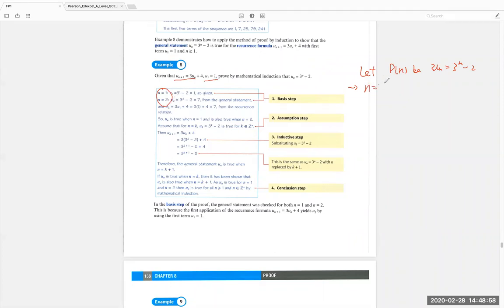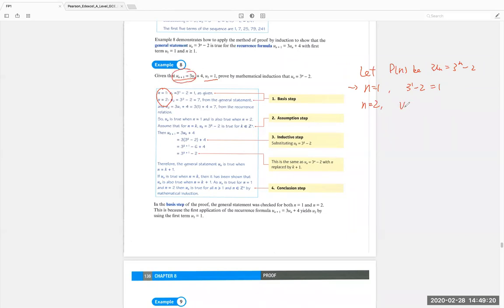So with n equal to 1, from this formula you get 3 to the power 1 minus 2 equal to 1. And then when n equal to 2, you need to use the recurrence relation.